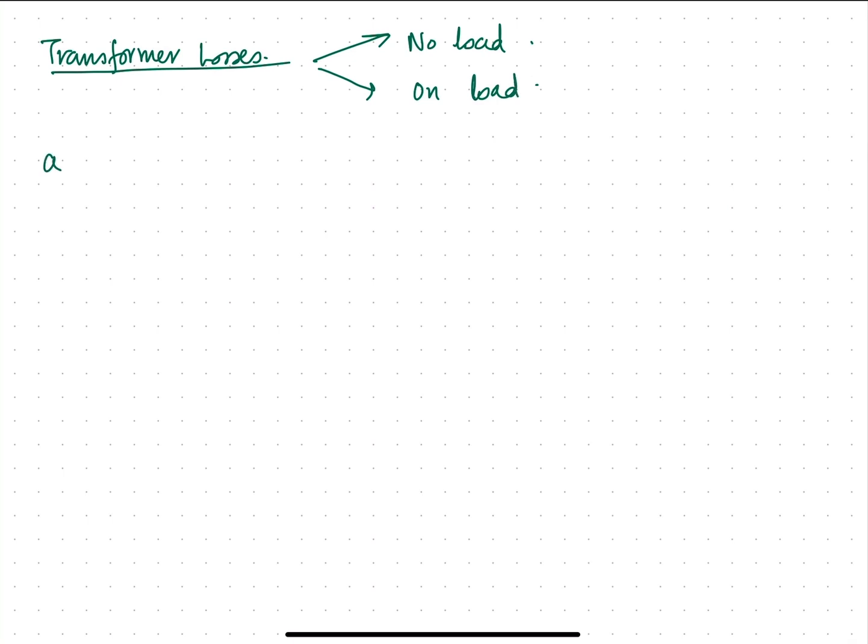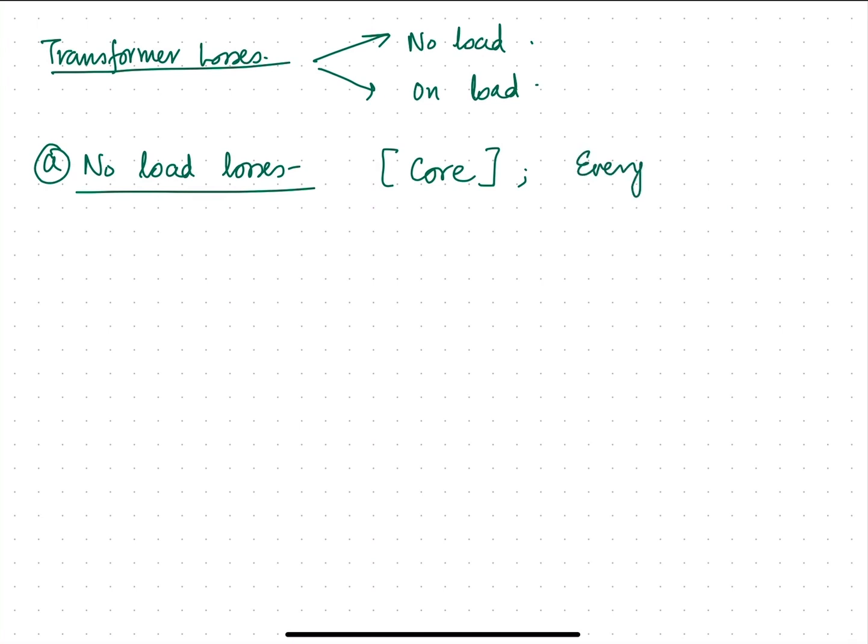So first, when we talk about no load losses, as we discussed in the last class, these losses occur in the core of the transformer, and they occur every time the primary winding is energized.